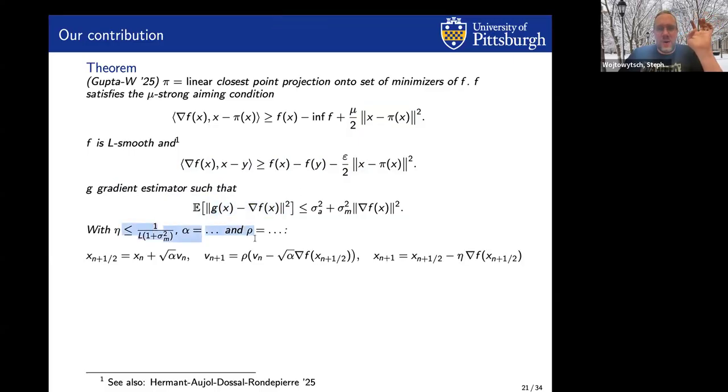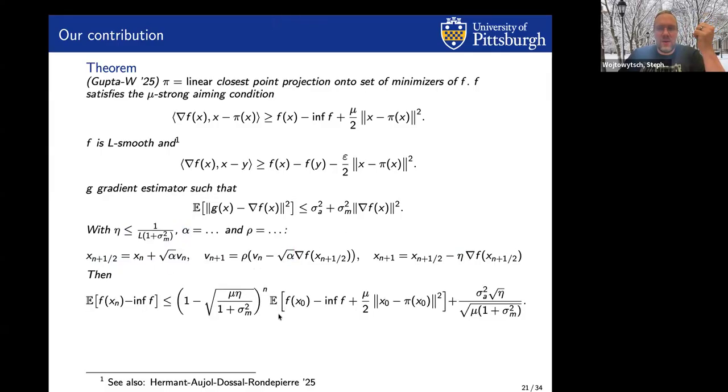Then if we choose our algorithm as a nice modification of Nesterov's algorithm, because things are stochastic, we need to decouple some parameters slightly. So we've got two step sizes, alpha and eta. Eta is the fast time scale, alpha is the slow time scale. Then we still get very, very similar rates of convergence. Specifically, we have the square root mu dependence, and things just get slightly worse in the stochastic case.